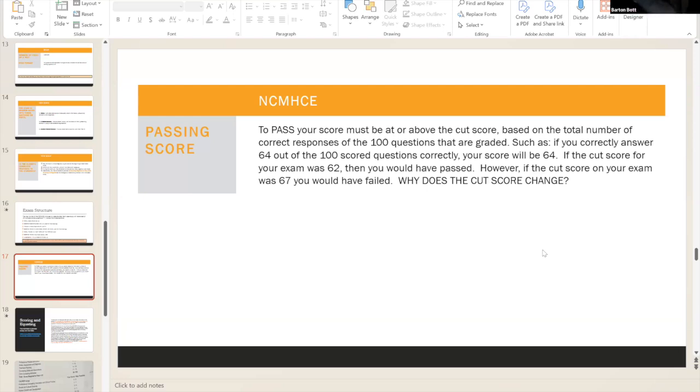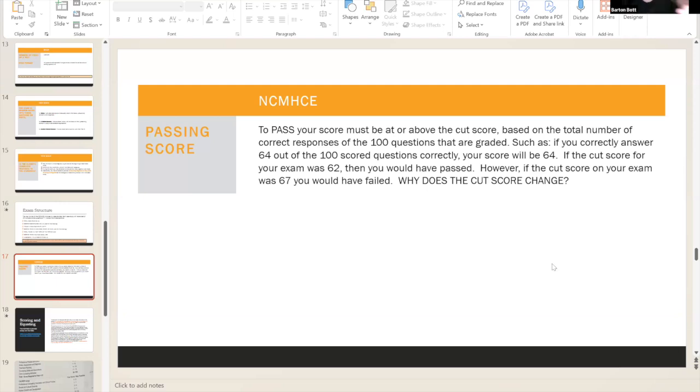The ones that have the harder narratives would have a lower passing score. It doesn't sound fair, but actually it is fair, because everybody has an equal chance of passing. The person with the easier test isn't going to have a better chance than the person with the hard test. It's balanced because the cut score will vary.